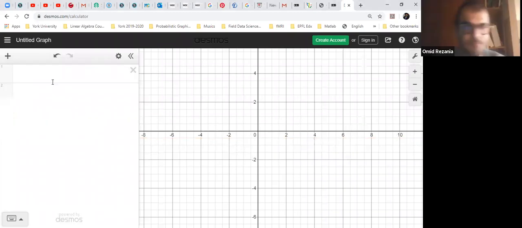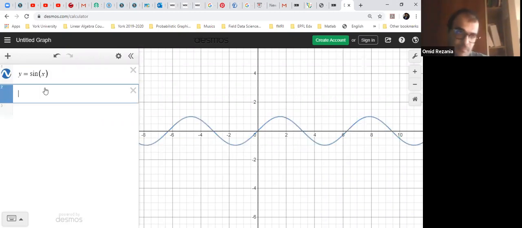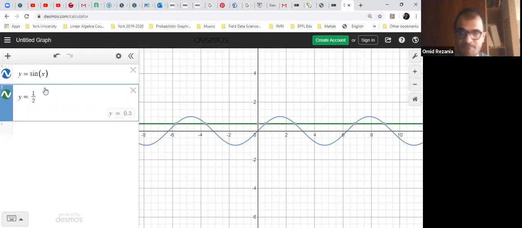The first function I had, let's call that the husband, was equal to sine x, correct? And the other function, the wife that she was getting married to, y equals 1 divided by 2.